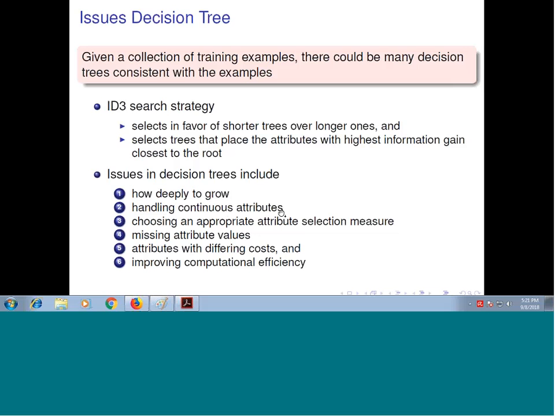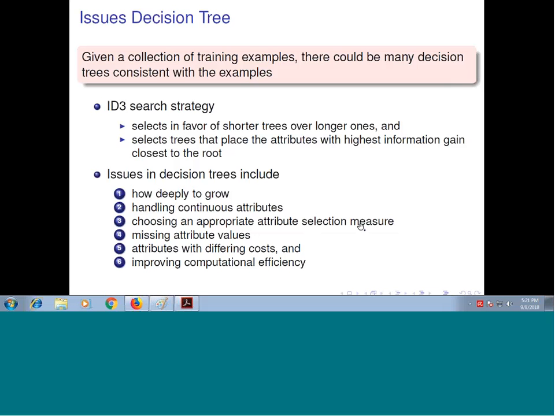If at a node the attribute is the probability that the person would pass the exam, then you cannot put that attribute at any place for the testing, because so many leaves, so many descendants would need to be created, that you cannot create by yourself.